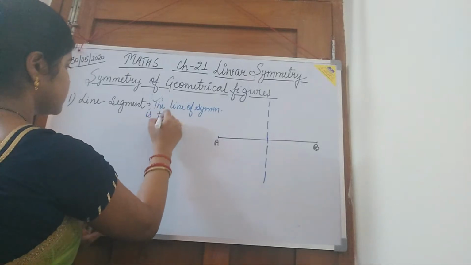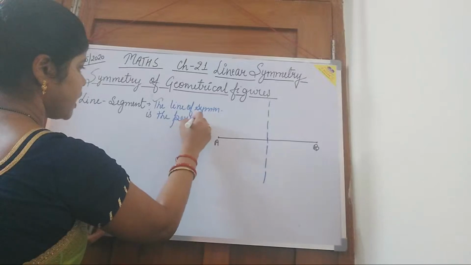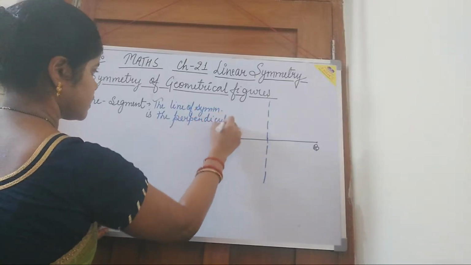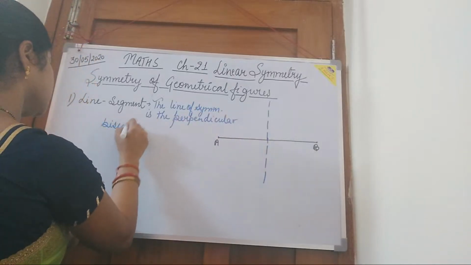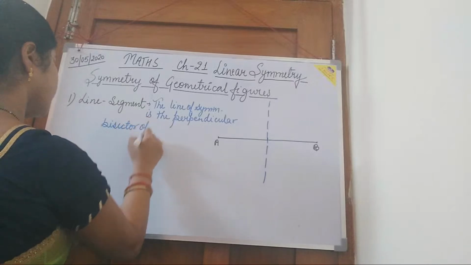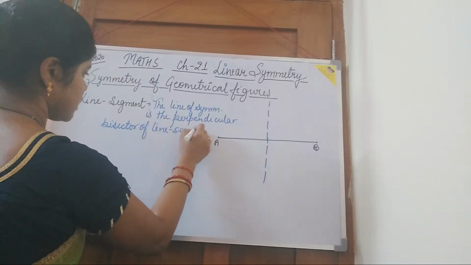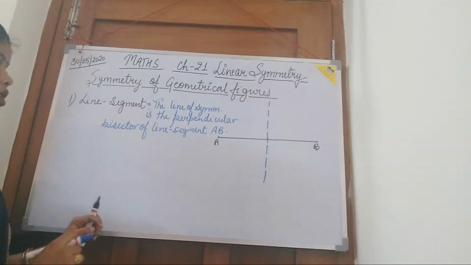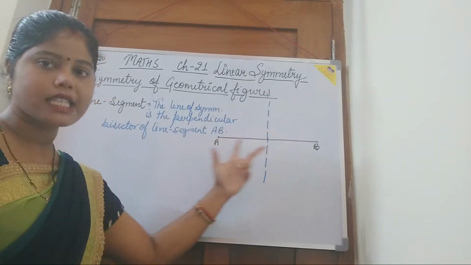So for a line segment, the line of symmetry is the perpendicular bisector of line segment AB. What is the line of symmetry of this line segment?